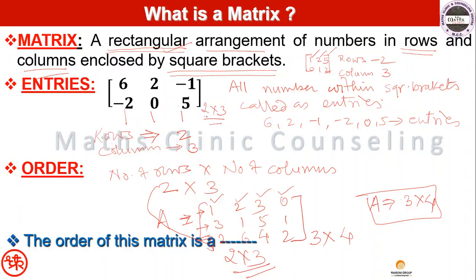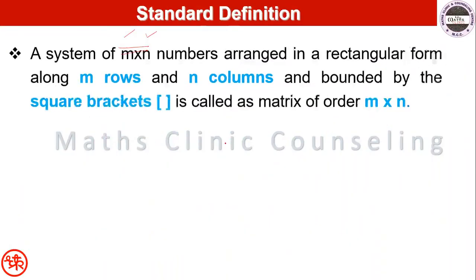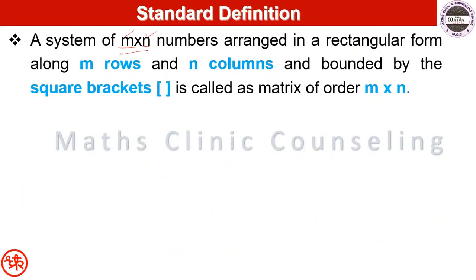So the number of entries in any matrix is equal to the number of rows into the number of columns. Therefore, in the standard definition, a system of m into n numbers arranged in rectangular form along m rows and n columns and enclosed by square brackets is called a matrix of order m by n.